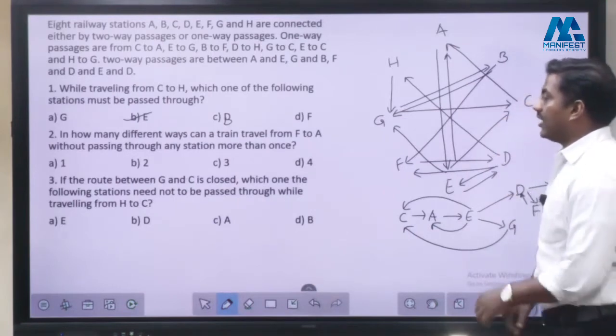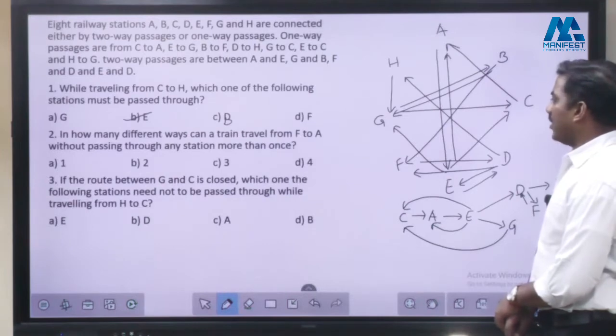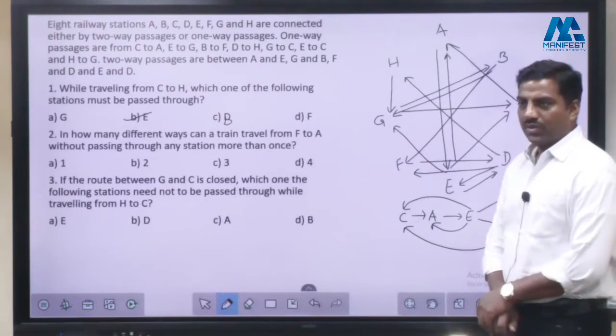Next, in how many different ways can a train travel from F to A without passing through any station more than once? That means no loop.